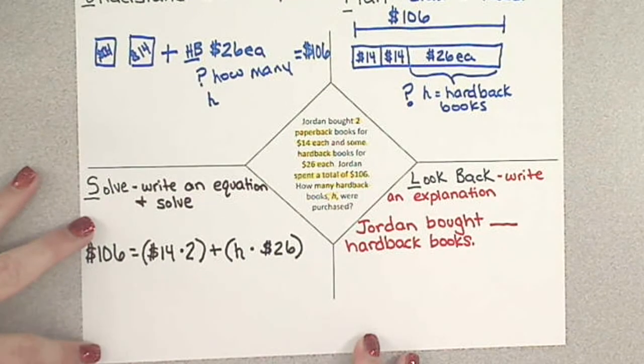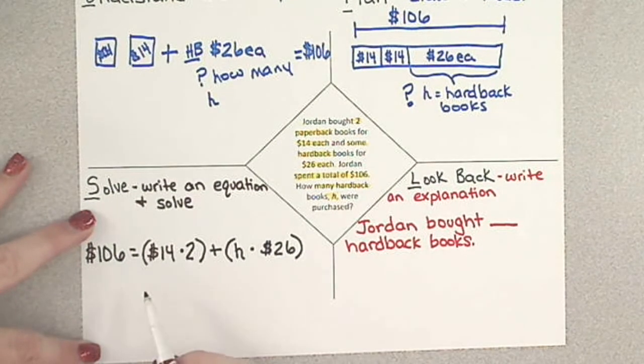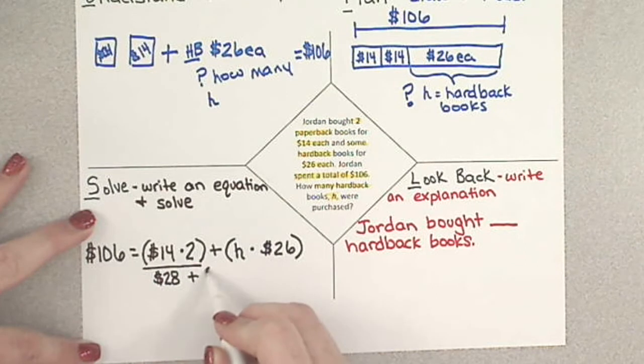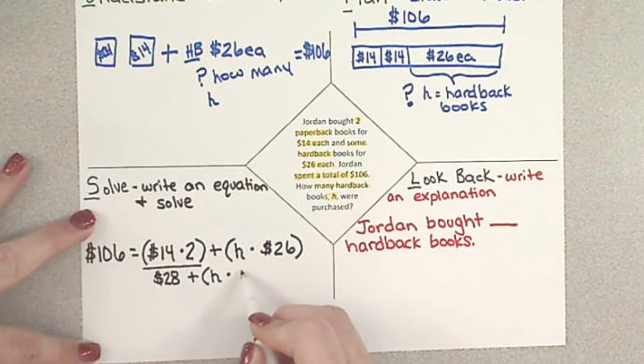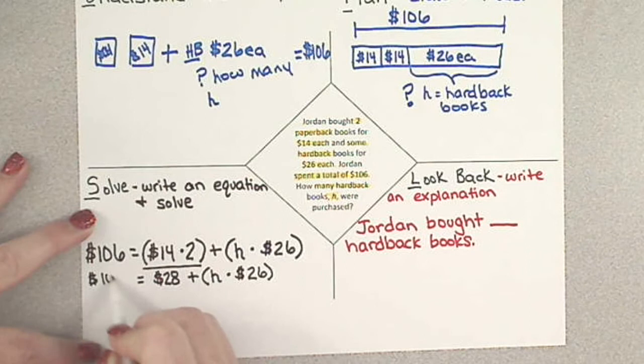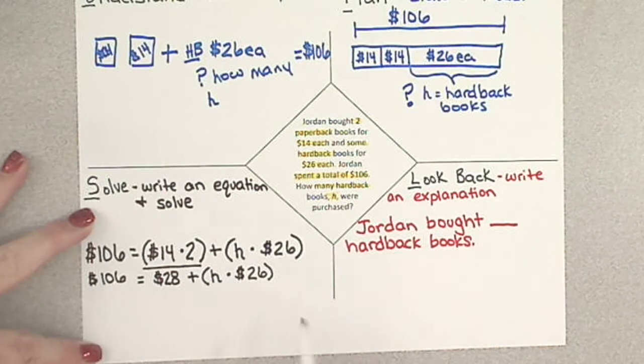Now I'm going to take the time to solve this problem. Okay. I'm going to solve 14 times 2, which is 28. Now I bring down everything else that we have not solved yet. So now I need to figure out how to get this H by itself.